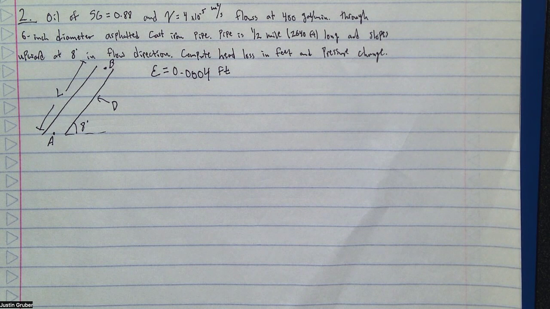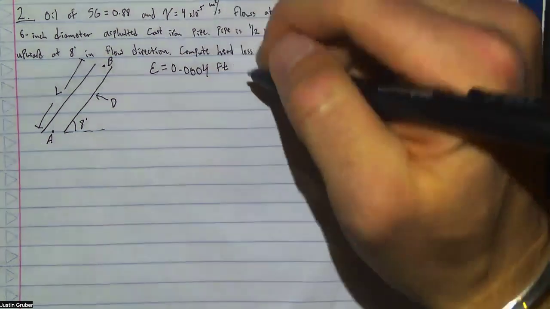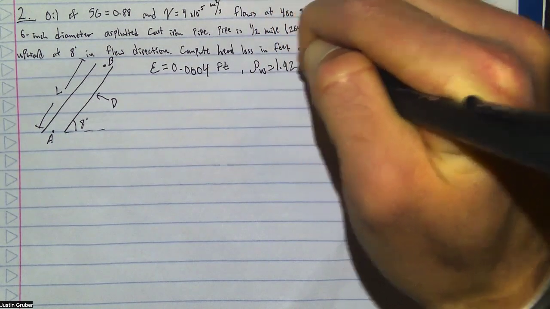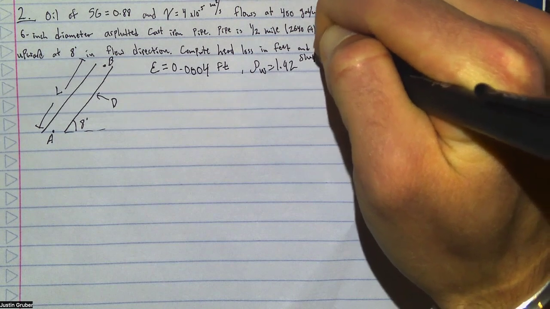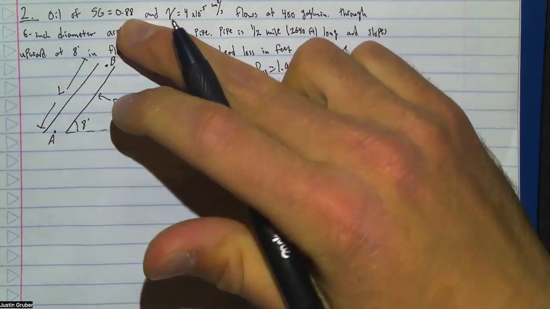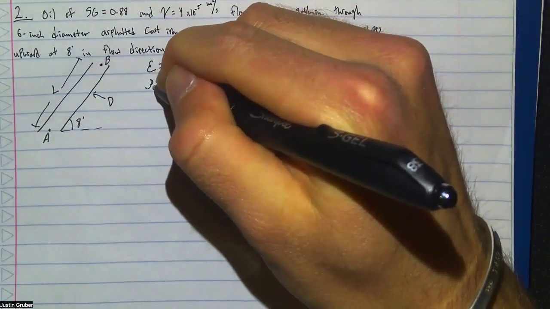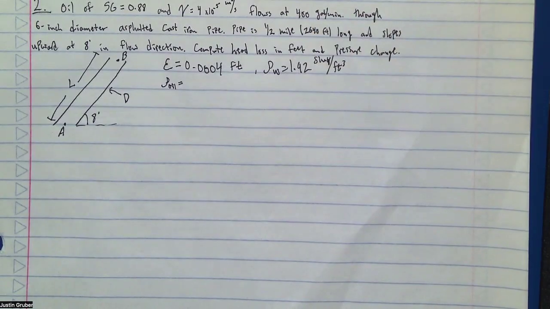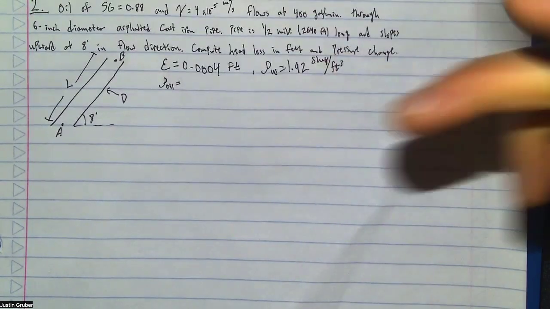Let's see what else. I'll do some unit conversion. We also know rho of water is about 1.92 slugs per cubic foot. With that, let's find the density of oil by multiplying 0.88 times 1.92.